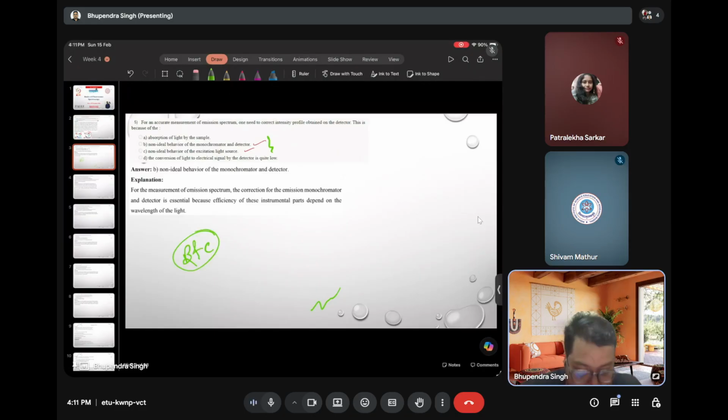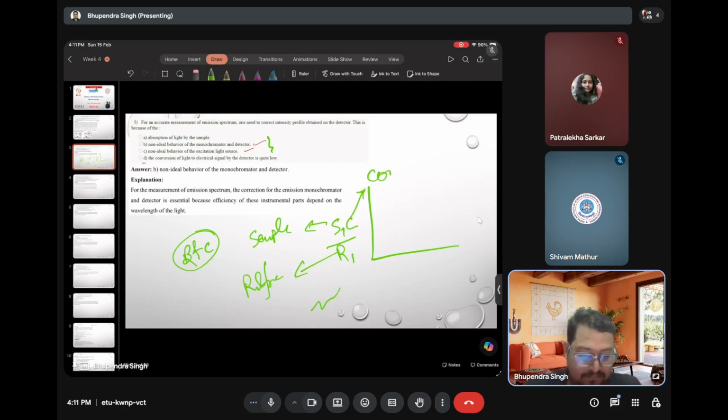That is why in the emission spectrum we use S1C by R1, because this is for the sample, this one is for the reference, and this is your correction file.